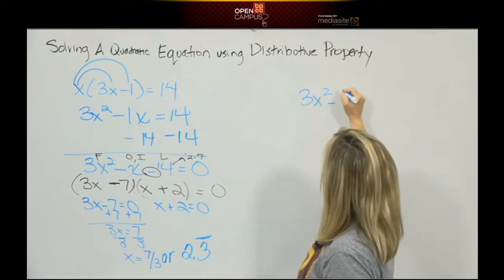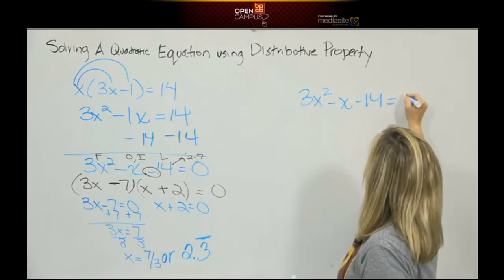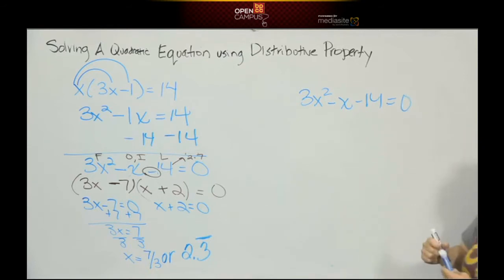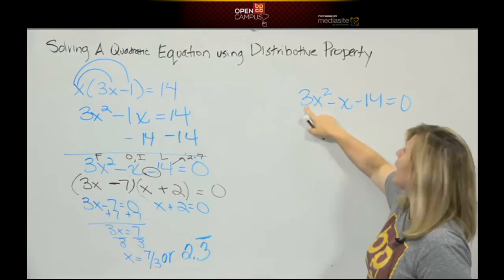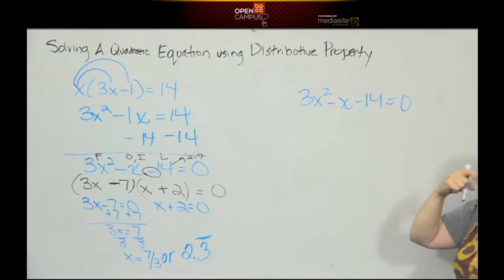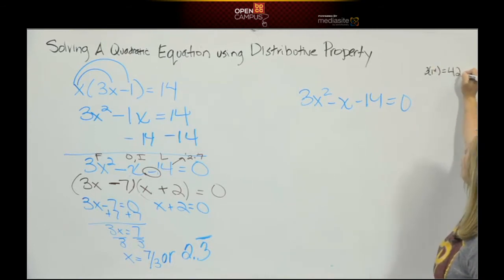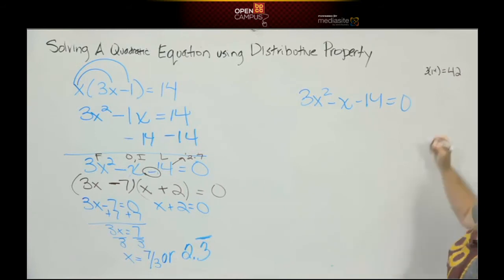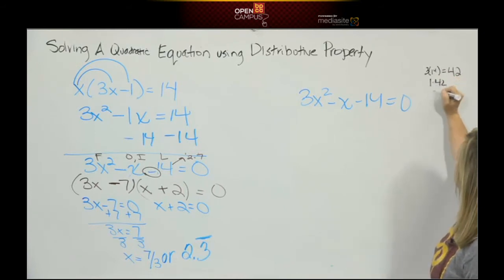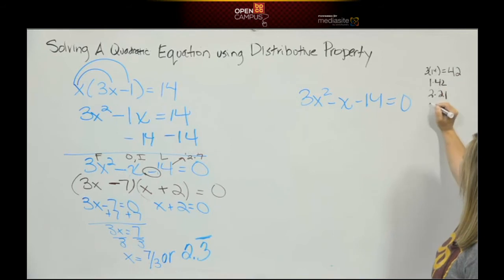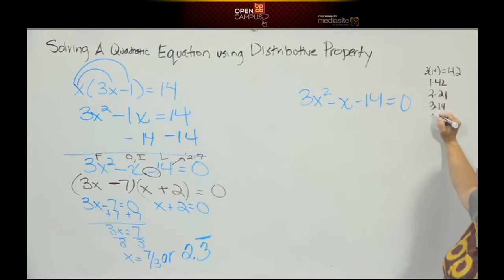So again, one more time. If we're going to do grouping, we would take this coefficient and multiply by this constant. 3 times 14 is 42. We would list all the factors of 42. 1 and 42, 2 and 21, 3 and 14. 4 does not go into that. 5 does not. 6 and 7.